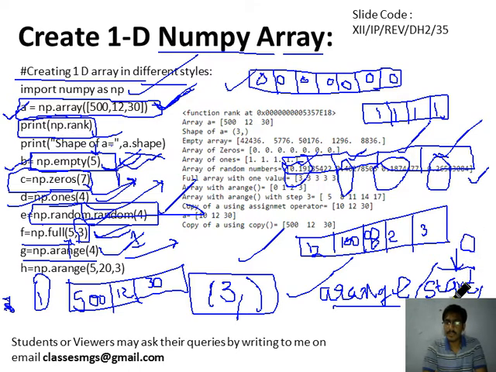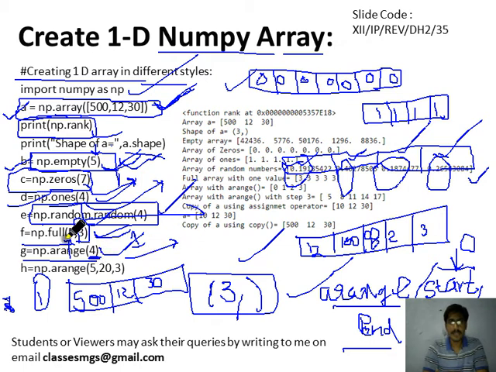If you don't have the stop value, then it will always go to the end of the numpy array, meaning the last element, and if you don't have step, then 1 will be the default value. So if you pass just one value, it will generate elements from 0 up to n minus 1.